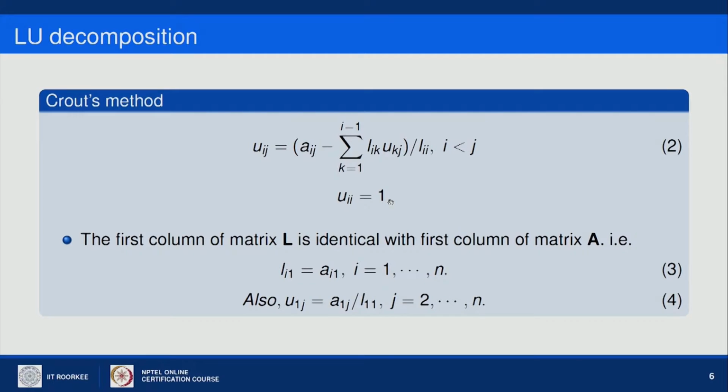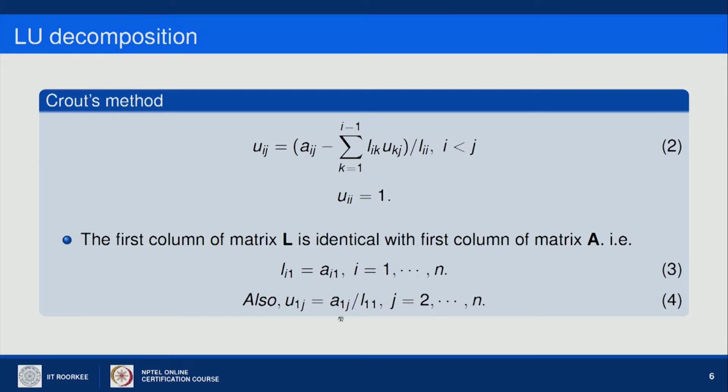Then what we will do, from the first column of the matrix L, we can find out the entries like L11, L21, L31 and Ln1, because the first column of the lower triangular matrix will be identical to the matrix A. After finding Li1 for all i equals 1 to n, we will go to the first row.